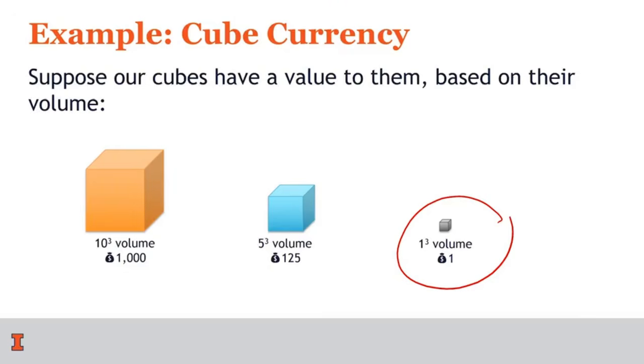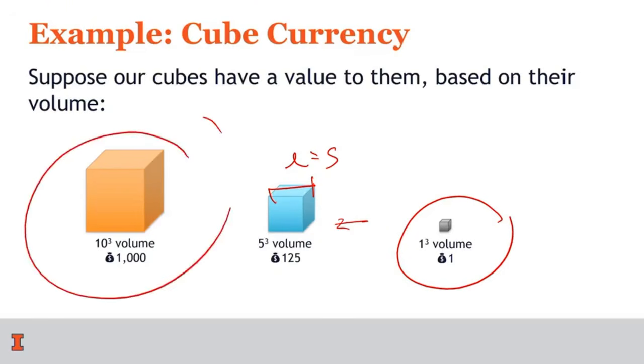A little larger cube, a cube that has a side length of 5, has a value of the volume of the cube. So 5 cubed is 125, so a cube of length 5 is worth 125 currency. And likewise, a large cube of length 10 is worth 1,000 currency. So every time we create a cube, we're actually creating currency.